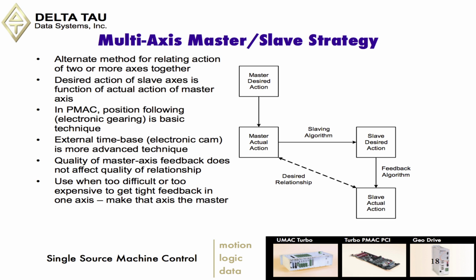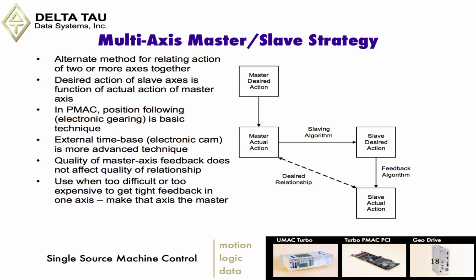I can also do what's called external time-based electronic camming. That gives me some more advanced capabilities, and it gives me the ability to take care of some smoothing, because in time-based, I have a few more features to give me a little bit more control over the master position value going to the slave position value.